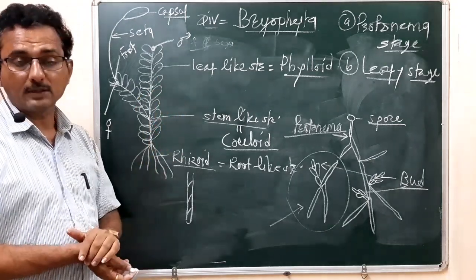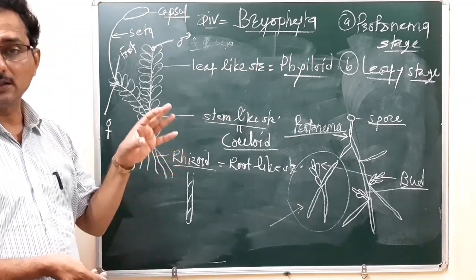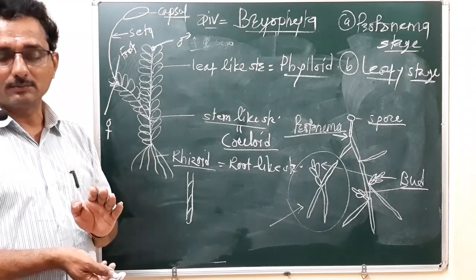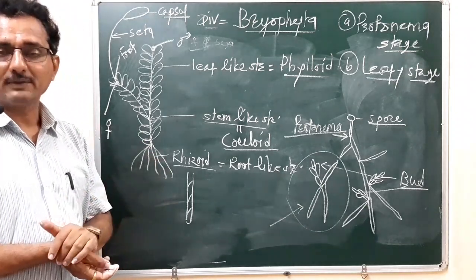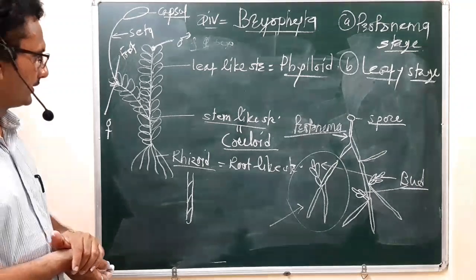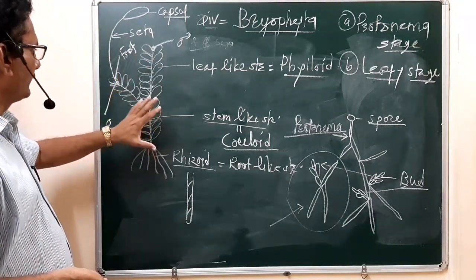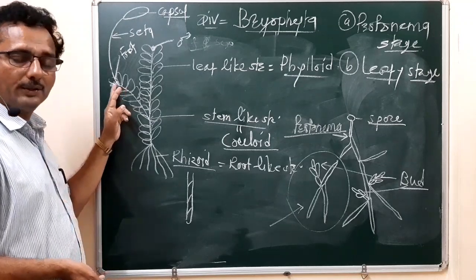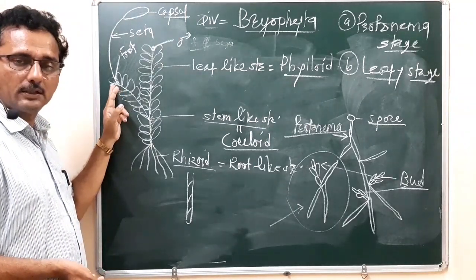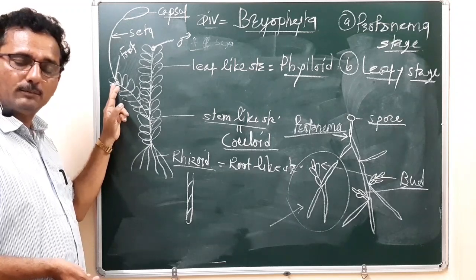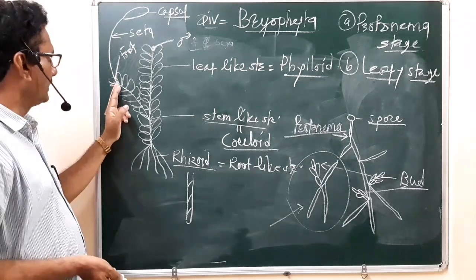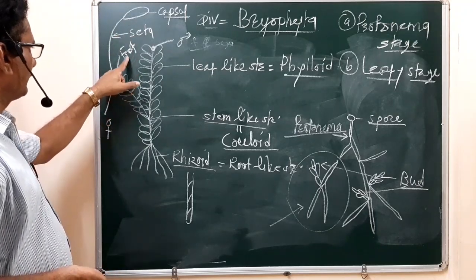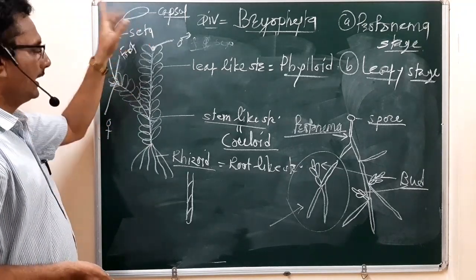So students, in the case of the higher class Musci, we have seen various mosses, like Funaria, Polytrichum, or the sphagnum moss. After fertilization, from the female branch of these mosses, they develop a sporophyte having three parts: foot, a longer seta, and the capsule.